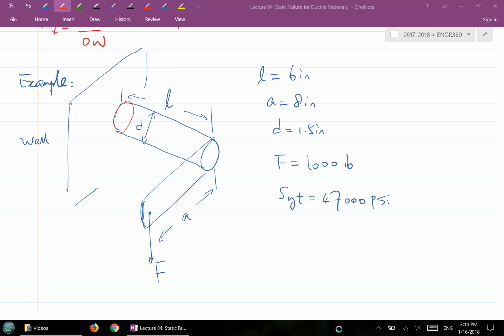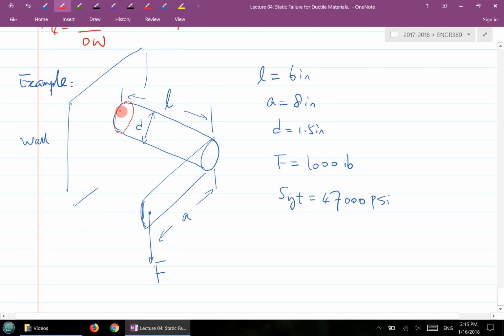When you walk along here, this point will cause a moment, and this point will also cause a moment. But it really depends on the distance also. If you think about this force with respect to the wall, what type of moment does this force cause with respect to this wall?